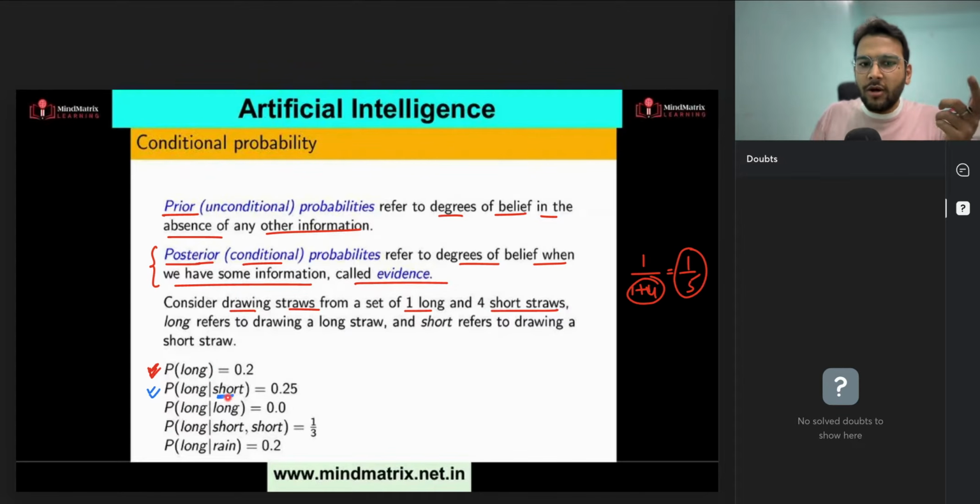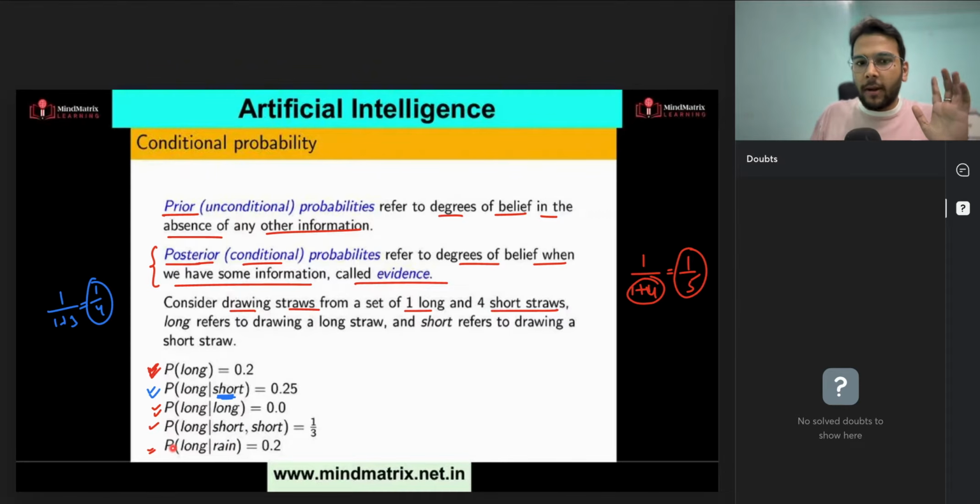If short has already been drawn, can I say now we have 3 short straws in the bag? So it is going to be 1 by 1 plus 3, that is 1 by 4, which is 0.25. Is this clear? So these are the examples. You can consider these examples.